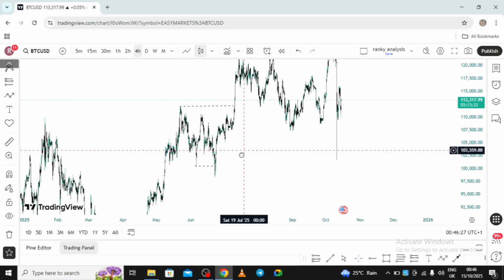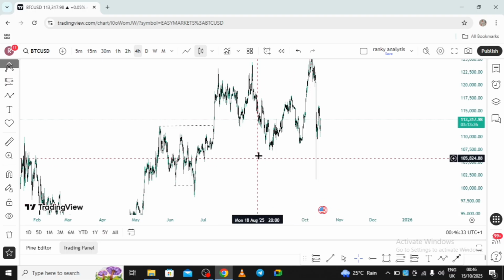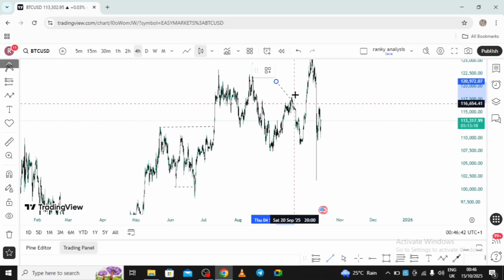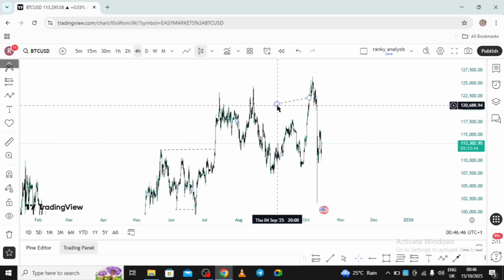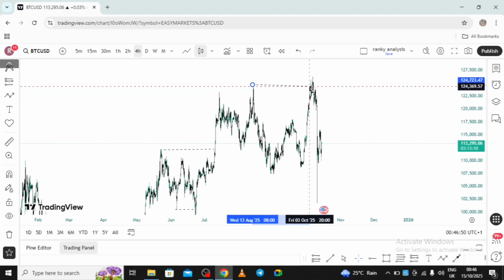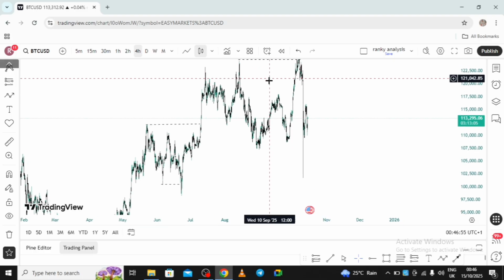You can see price pulling back, giving us the B right here, and giving us that break right there. Another break right there. So I'm expecting price to come back and take this B out.